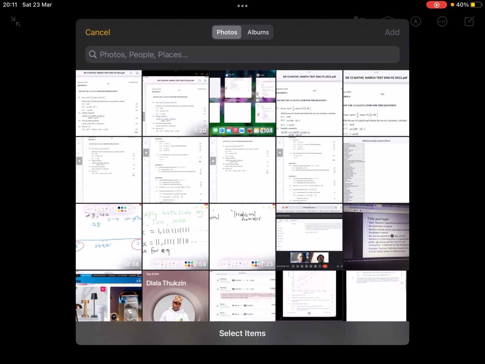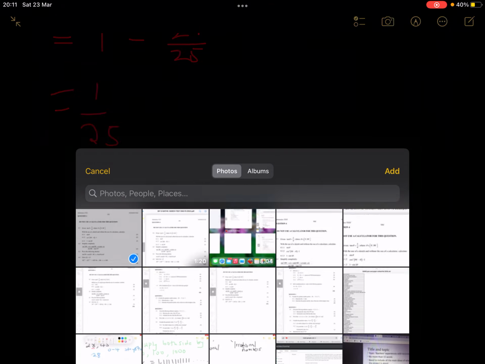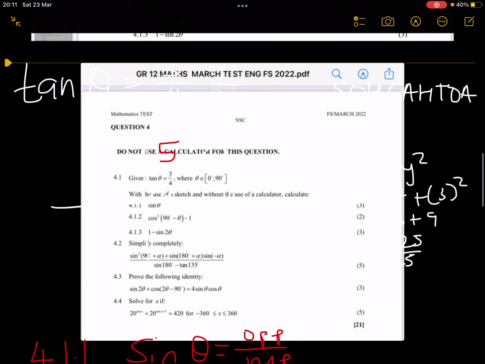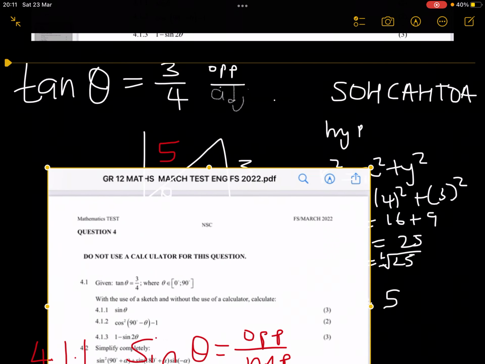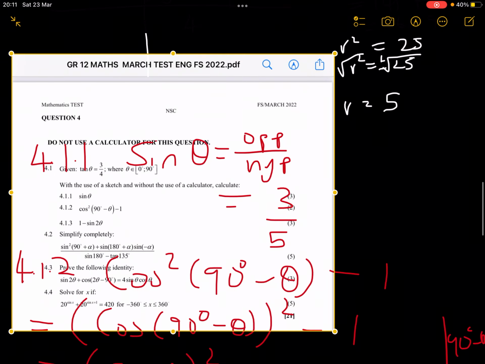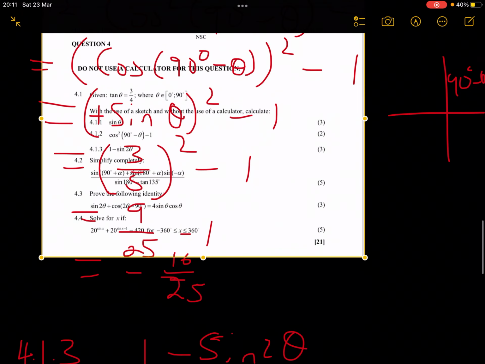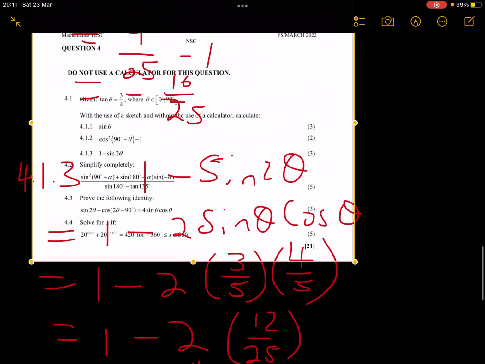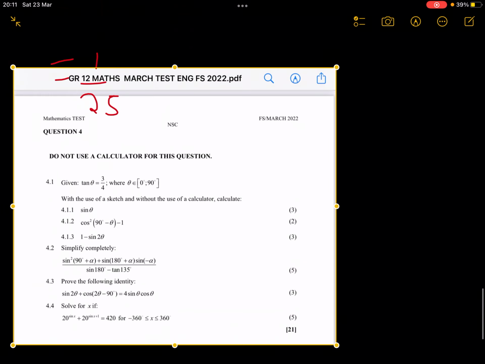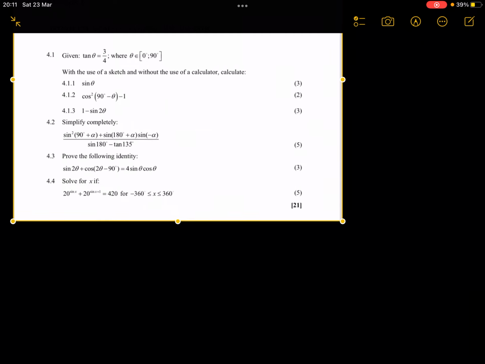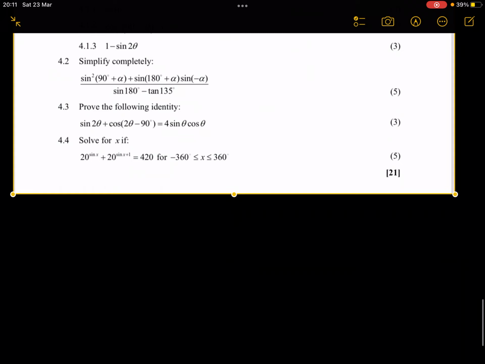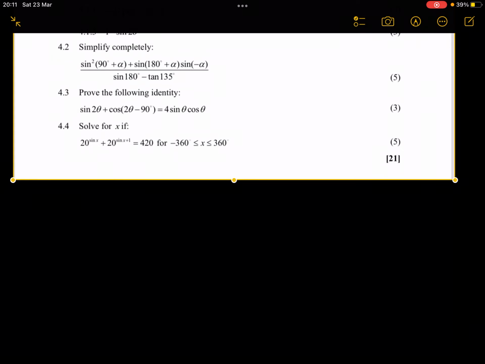In question 4 of the Free State March test paper, we're going to be finishing up in question 4.2 and possibly 4.3, which are basically looking like this.